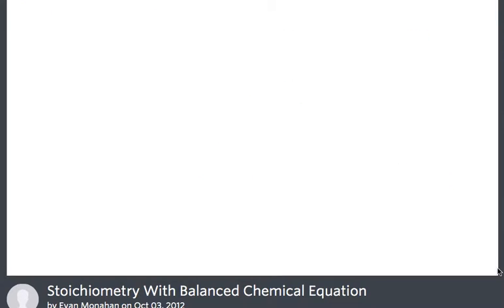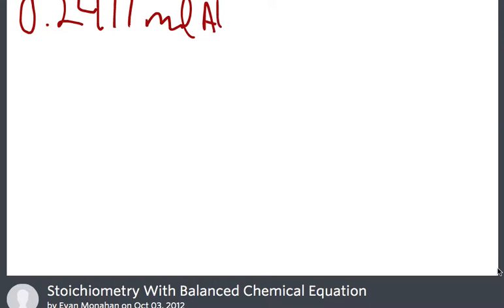Of course, the question didn't ask for moles, so step 4 in this case is to convert the moles of the unknown substance to grams of the unknown substance. And of course, you have to be able to do the molar mass to be able to do that. So we had 0.2411, and again, there's my 4 significant figures, moles of Al2O3.